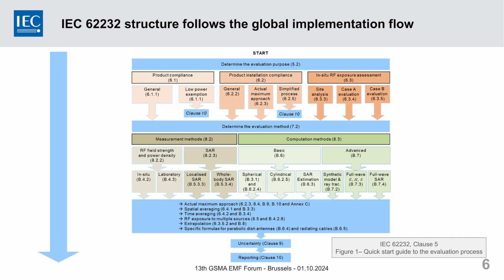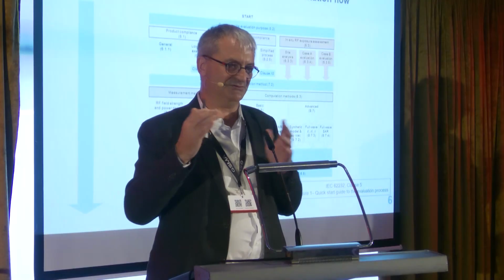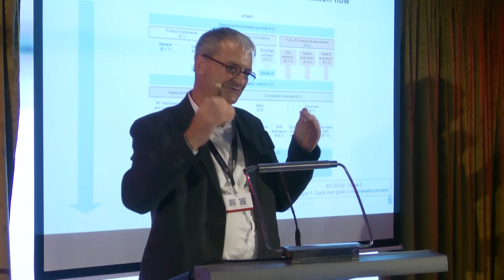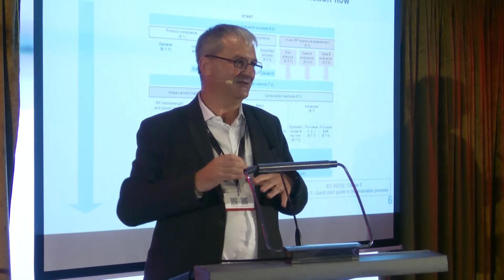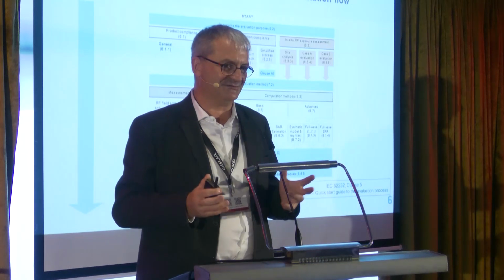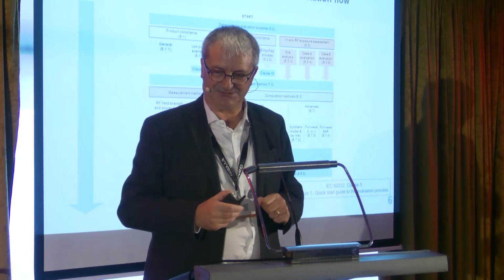Then in each category, there is some very specific equipment, low power or whatever, which can be deemed compliant without any testing. And we define the principles for this to avoid complex situations when it's not necessary.